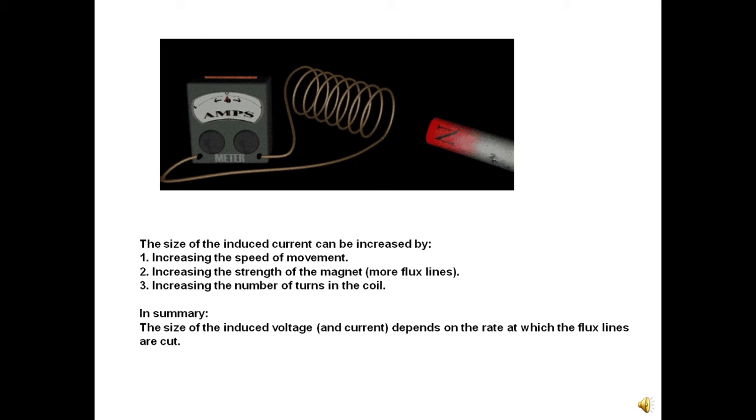By moving the magnet or the coil faster, you're getting more cutting per second. And all of these things, which lead to more field lines being cut or a greater rate of change of the field through the coil, these all produce a larger induced PD, and if we have a complete circuit, a larger induced current, as we have here.